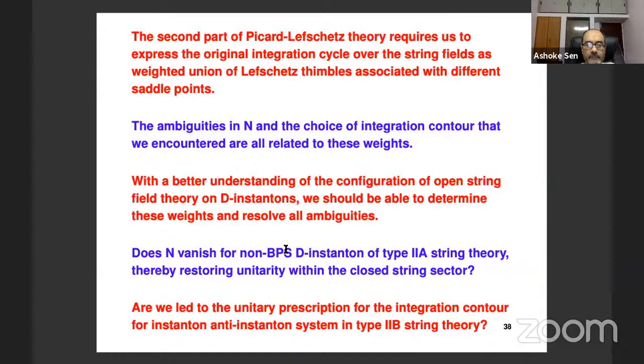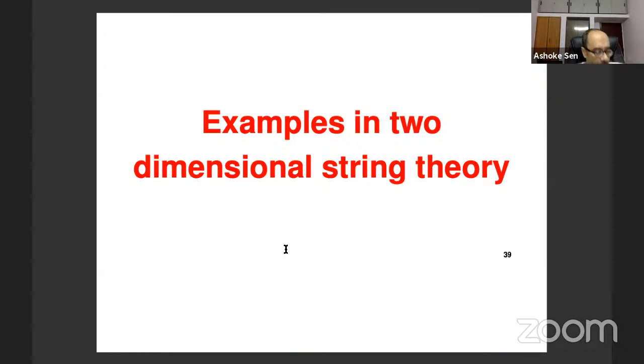Okay, so with this, in the last few minutes, let me turn to examples in two-dimensional string theory. Here you will see some explicit illustration of the various abstract reasonings that I gave.